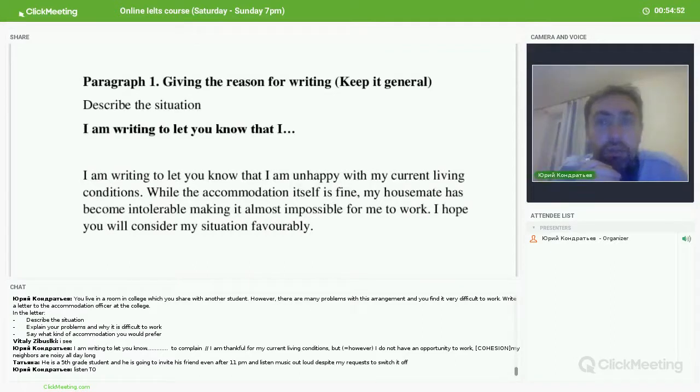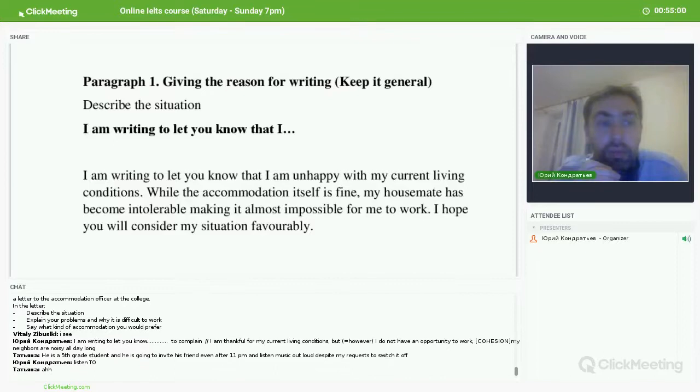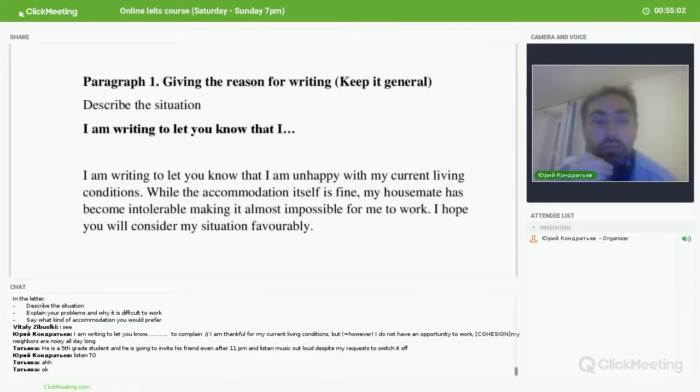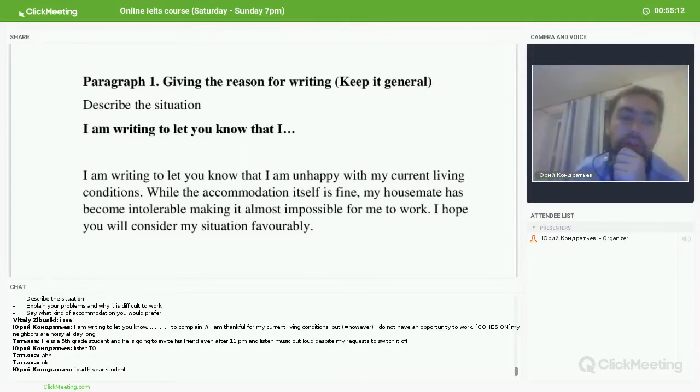And it means that you deviate from the topic because it's a college student and not a school student. That's why you can say maybe 4th year student, like he's a 4th year student at university.